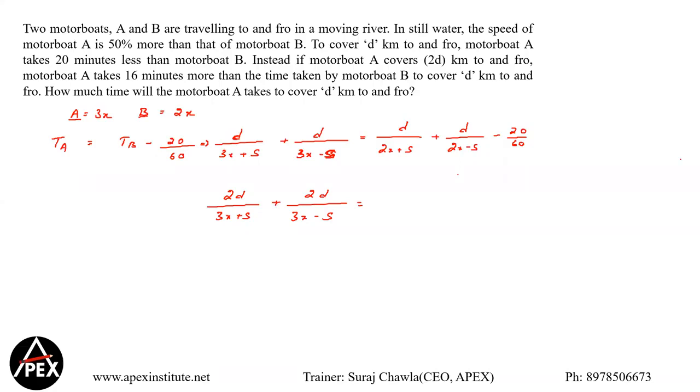So it says that it is further 16 minutes more, that is plus 16 by 60, more than the time taken by motorboat B to cover d kilometers. So d divided by 2x plus s plus d divided by 2x minus s. Sounds a very weird equation. Doesn't make a difference. The question is asking you how much time does motorboat A take to cover d kilometers.